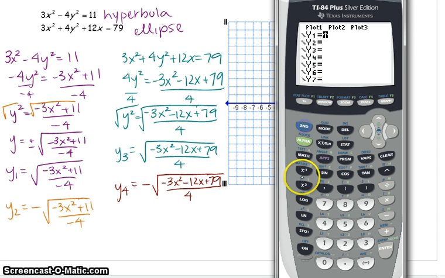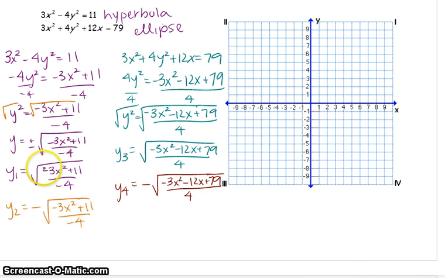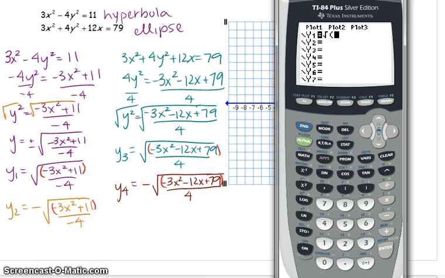So we have our square root, and we have a numerator. So let's make sure we put parentheses around our numerators for all of these. Okay, so we have parentheses, negative 3x squared plus 11, and that is over a negative 4.